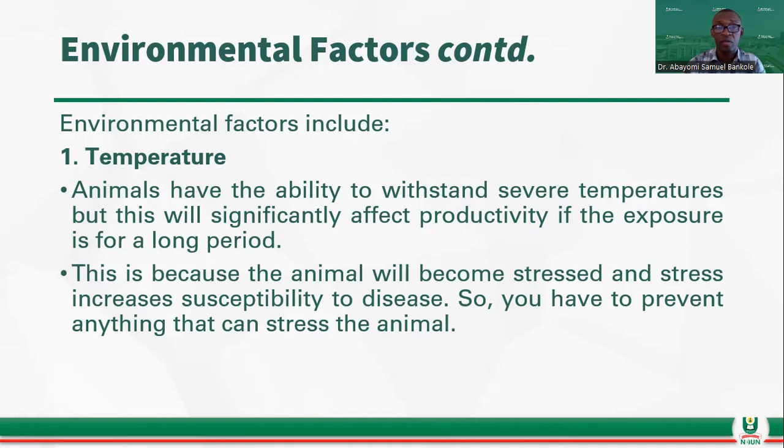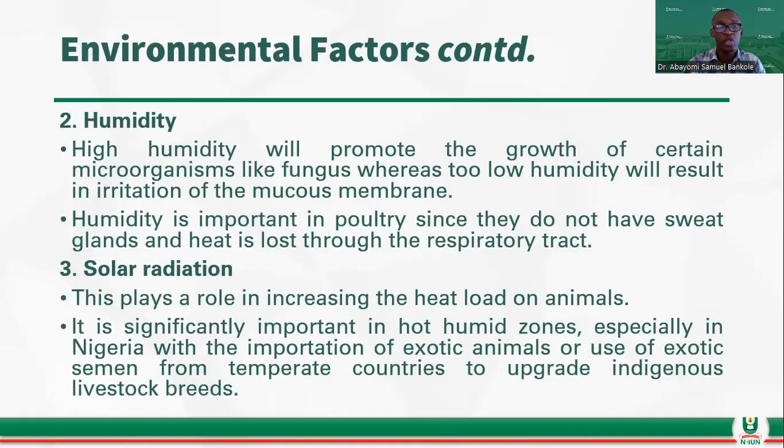So you have to prevent anything that can stress the animal. Now, number two is humidity. High humidity will promote the growth of certain microorganisms like fungi, whereas too low humidity will result in the irritation of the mucous membrane.